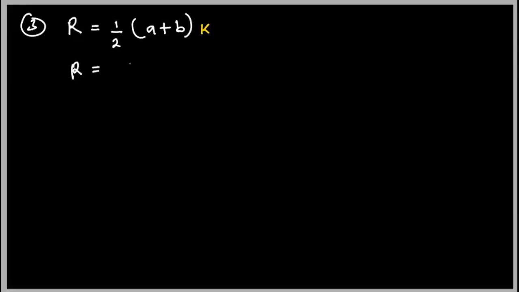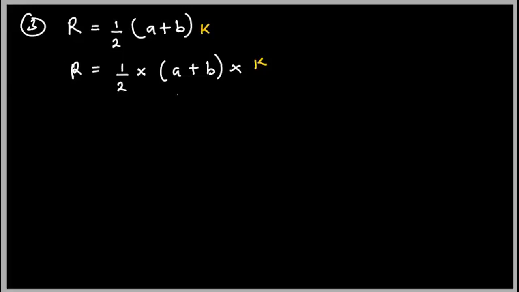What this means is that 1 over 2 is multiplying a plus b, and this is multiplying k.